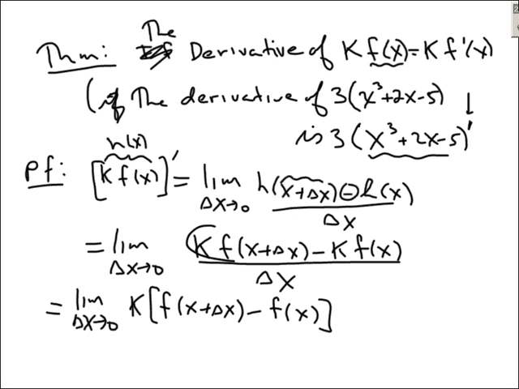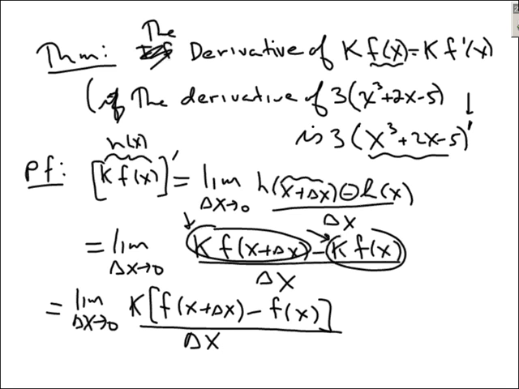Because in each of those two terms, one of the factors is k. And as a result of that, I can factor out k. And of course, this all gets divided by delta x.